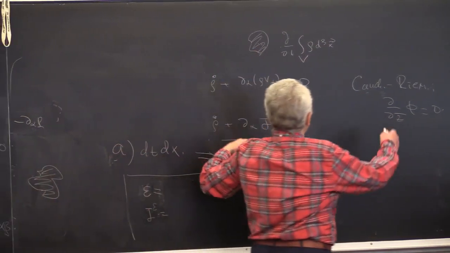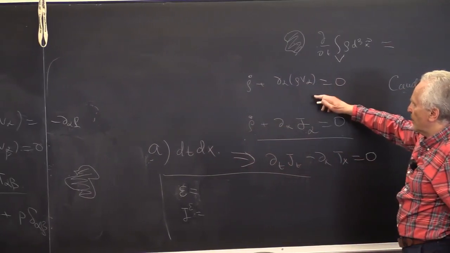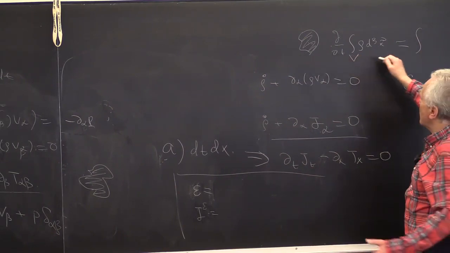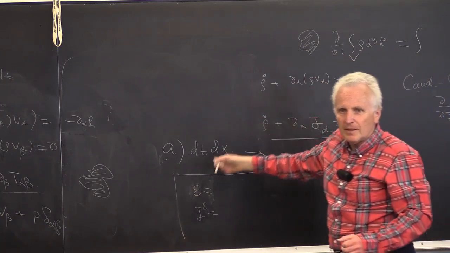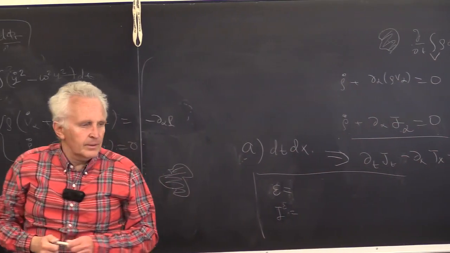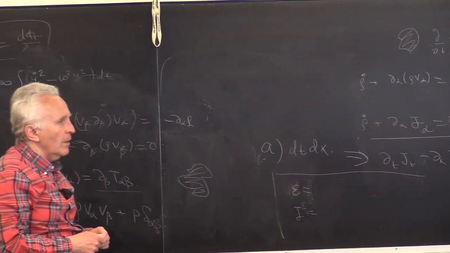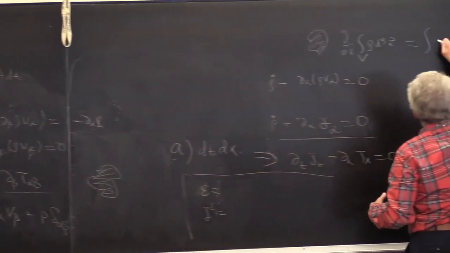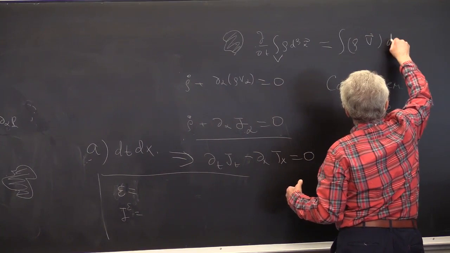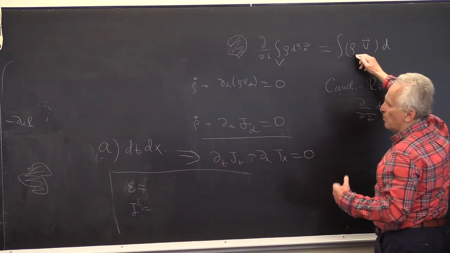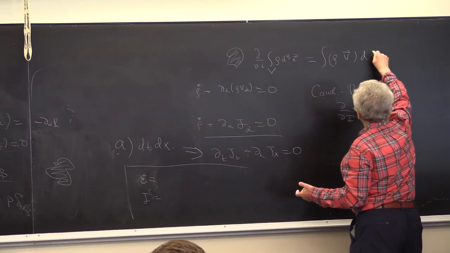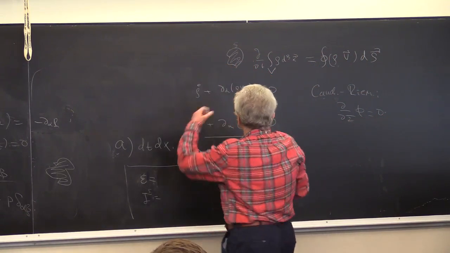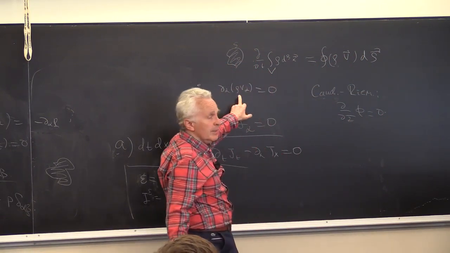It's non-zero. Why is it changing in the first place? Because the density is non-uniform and the fluid can flow out of the region. The amount of mass which per unit time flows out of the region, you have to integrate over the boundary, over this surface. And that's the essence of this equation.